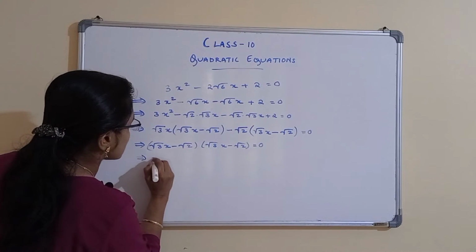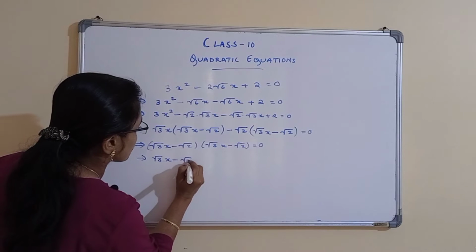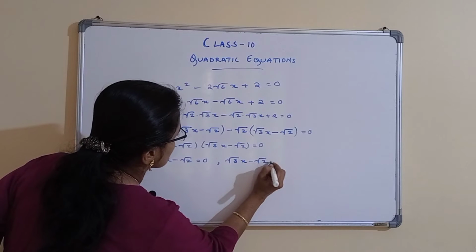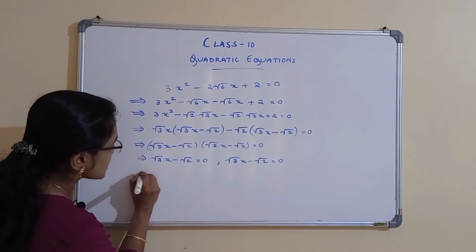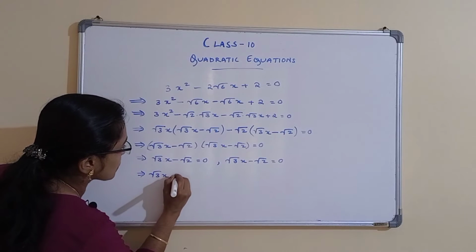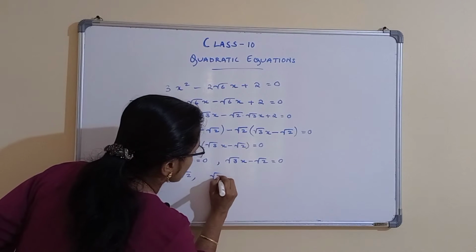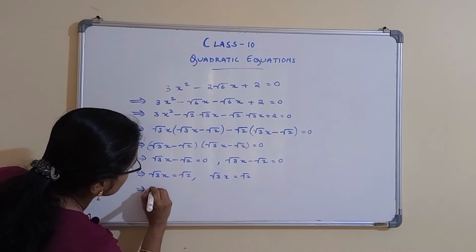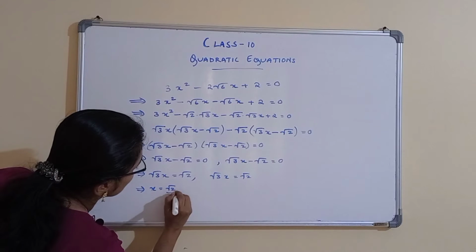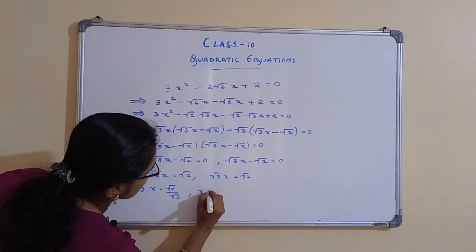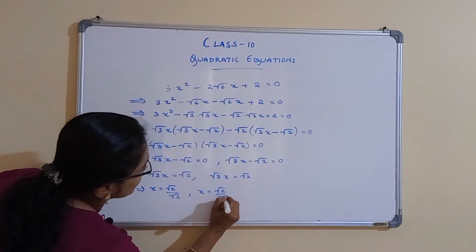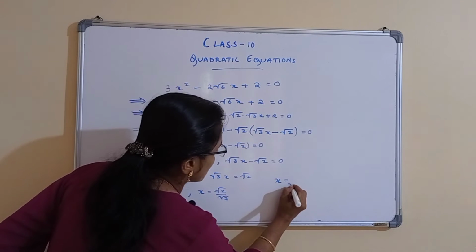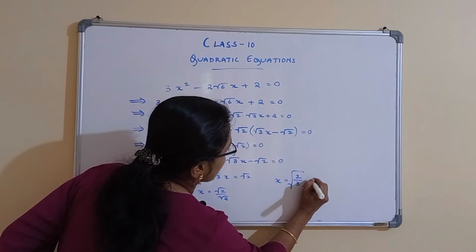So this implies root 3x minus root 2 is equal to 0 and root 3x minus root 2 is equal to 0, which means root 3x is equal to root 2 and root 3x is equal to root 2. Okay, so this implies x equal to root 2 by root 3 and x is equal to root 2 by root 3.